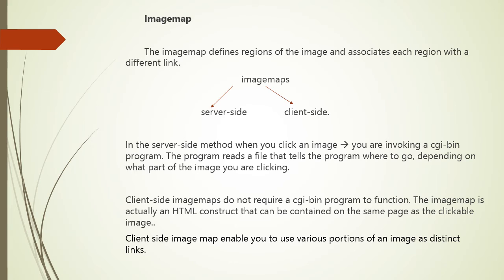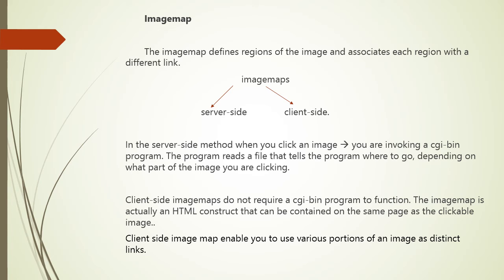Now the client-side image maps, by contrast, do not require a CGI-bin program to function. The image map is actually an HTML construct that can be contained on the same page as the clickable image, rather than requiring a program on the remote host to determine what site to access.